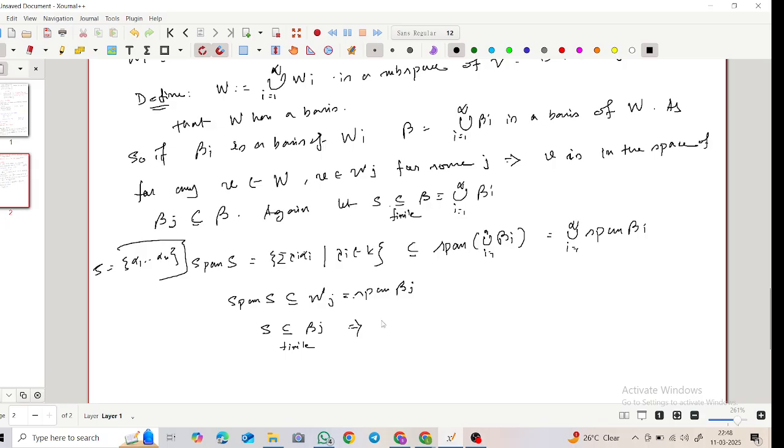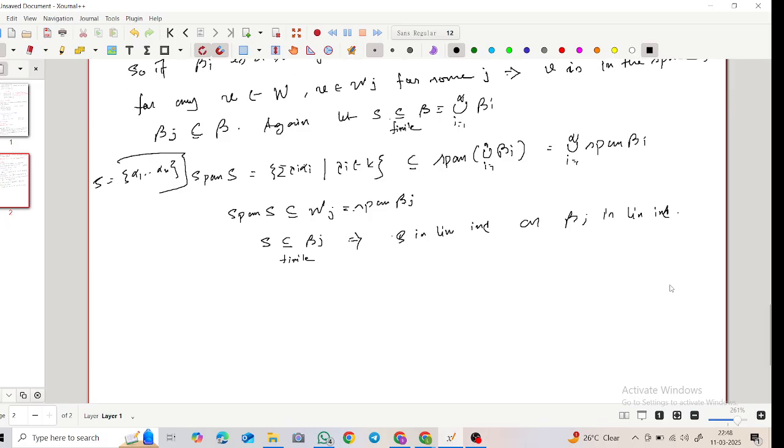So by that we prove any finite subset of beta is linearly independent. So S is linearly independent as beta J is linearly independent. So beta is a basis of W. Okay. So W belongs to sigma.